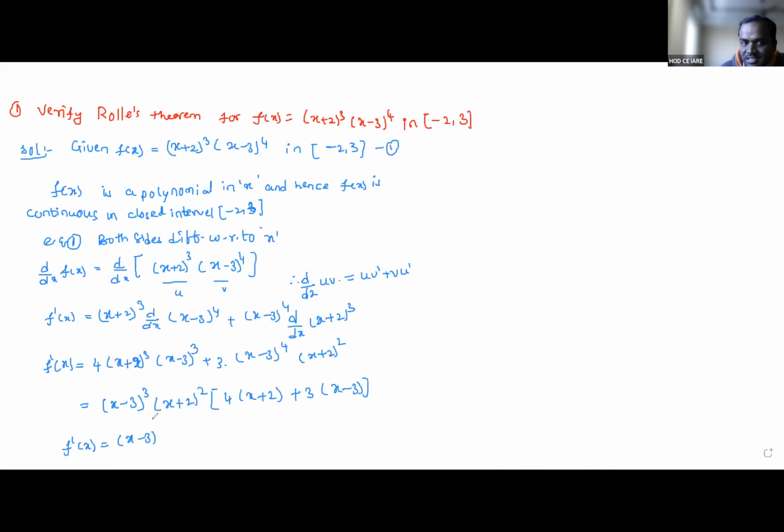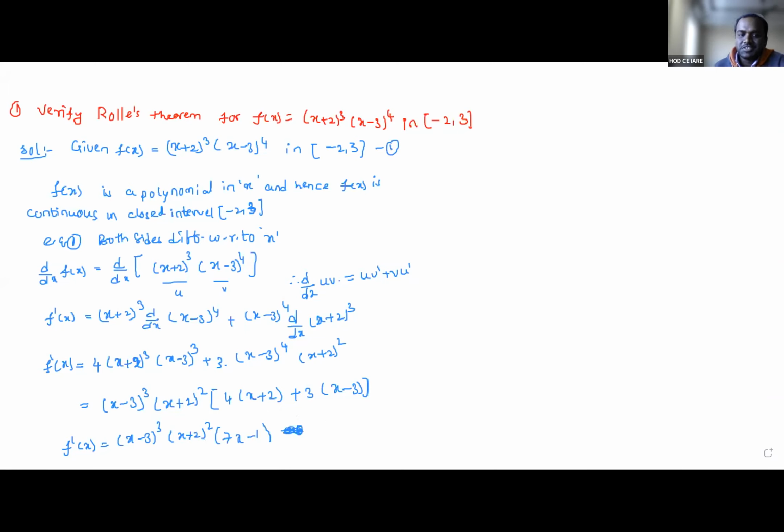x minus 3 whole cube, x plus 2 whole square into (4x plus 3x plus 8 minus 9) minus 1 is not equal to 0.